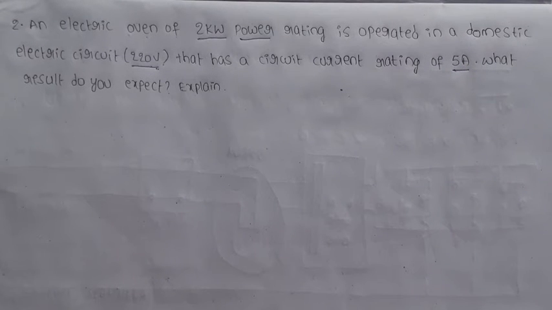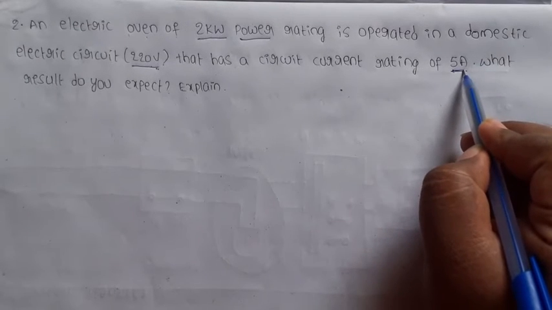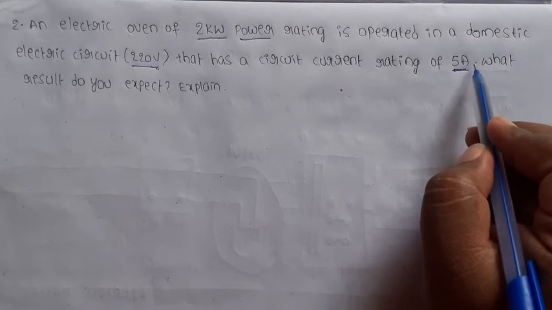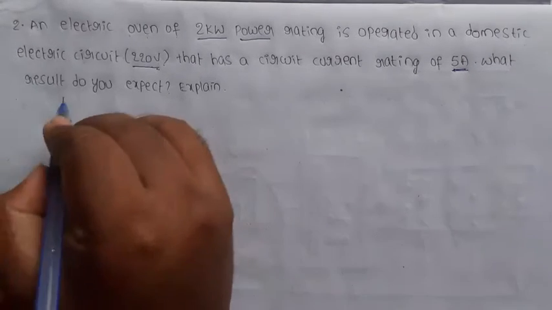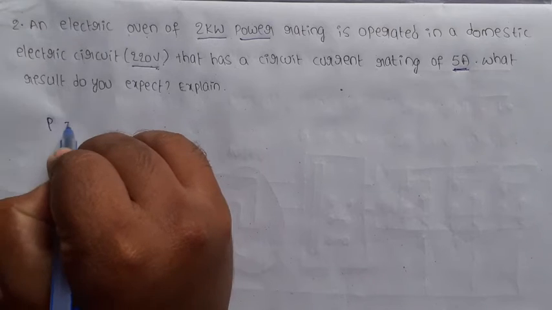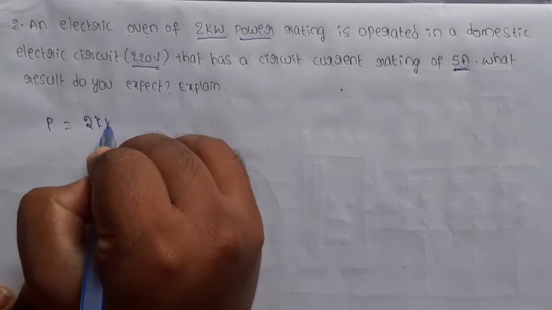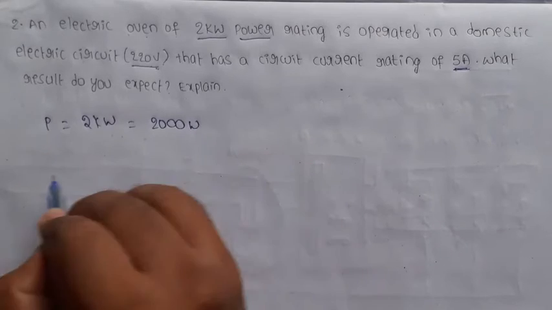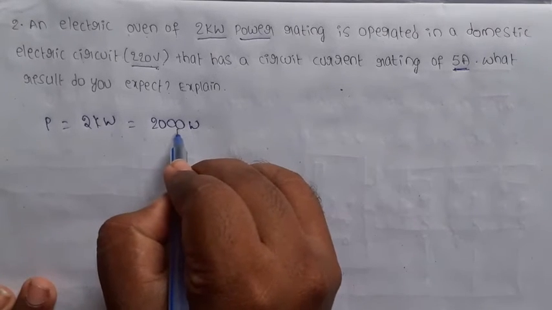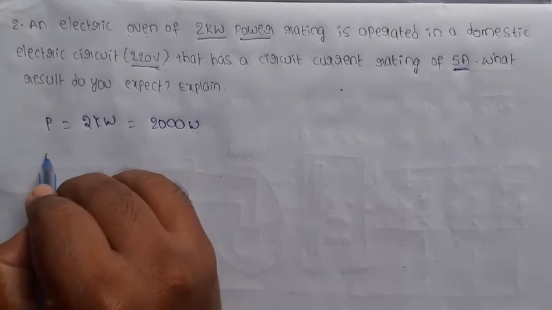We are going to find the result. Here the limit given in the circuit is 5 ampere. First, we have to find how much current is flowing in the electric oven. What is given? Power P equal to 2 kilowatts, so 2000 watt, since kilo equals 1000.